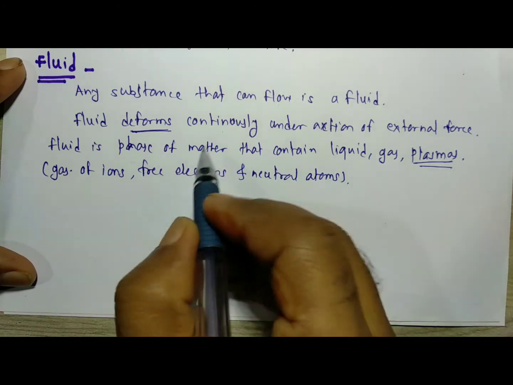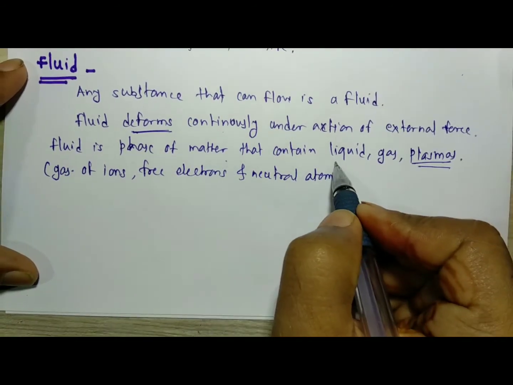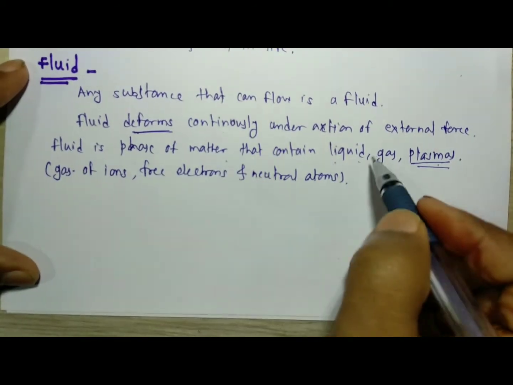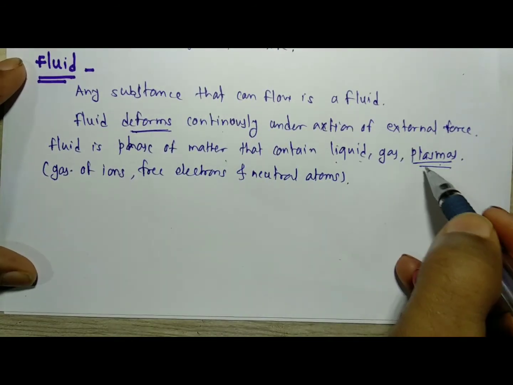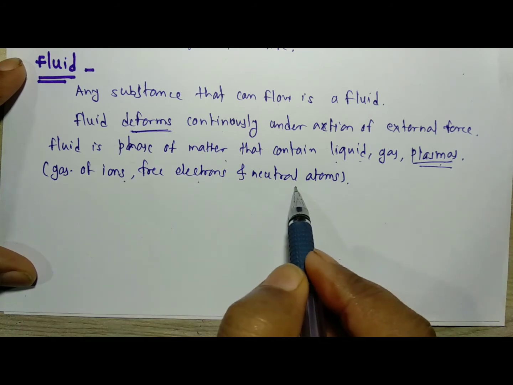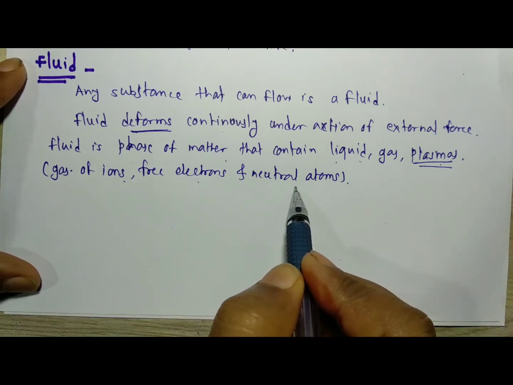Fluid is a phase of matter that contains liquid, gas and plasma. That means fluid contains liquid, gas and plasma, and plasma is nothing but a gas of ions, free electrons and neutral atoms.